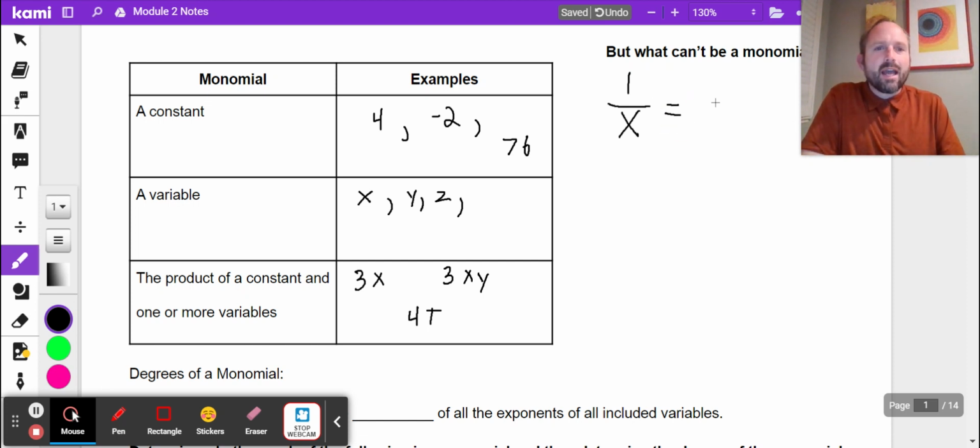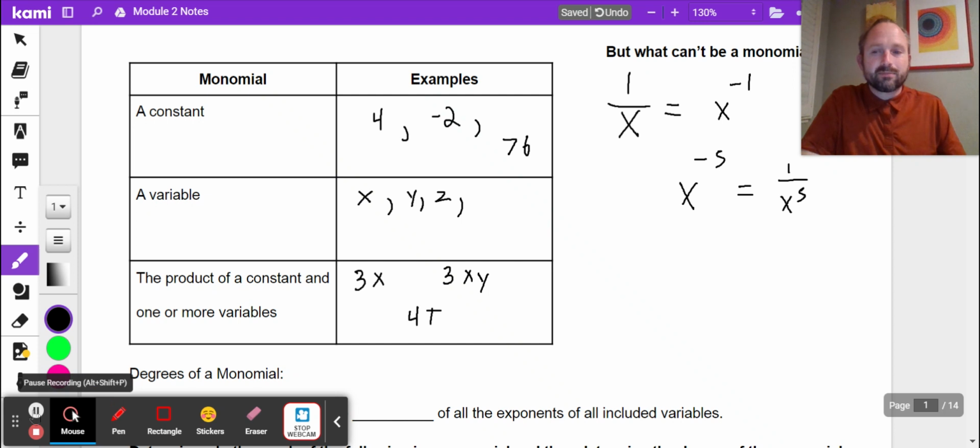Because this is really x to the negative first power. So any variables with a negative power are not monomials. So x to the negative fifth power is not a monomial. Now, it might be trying to be sneaky and look like this, but it is still not a monomial.